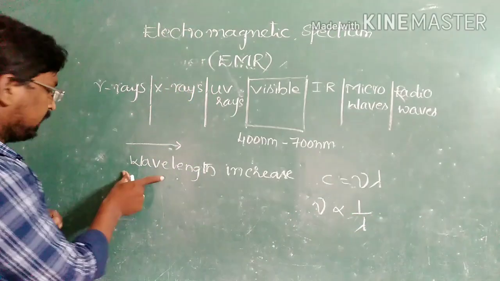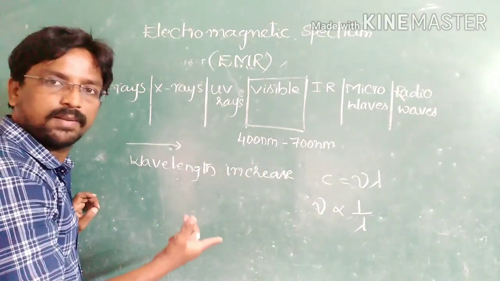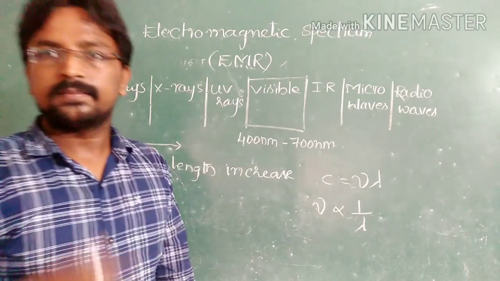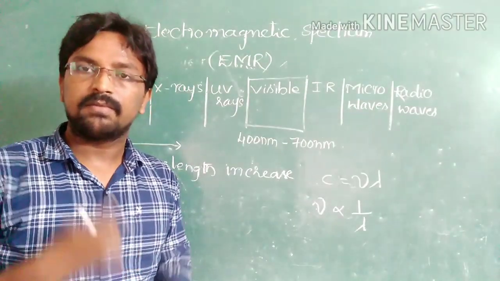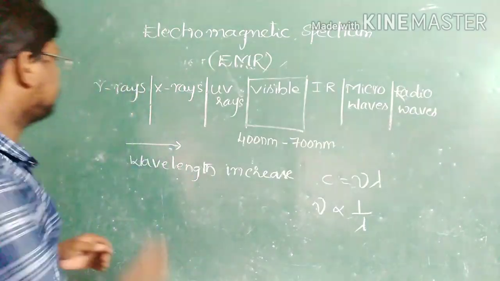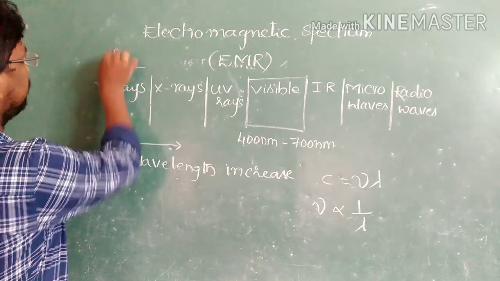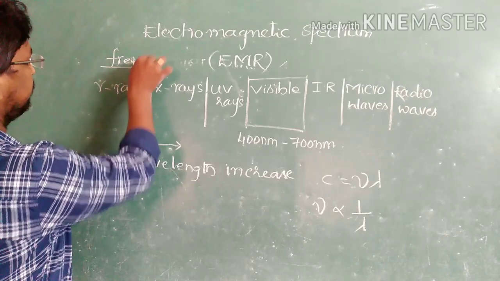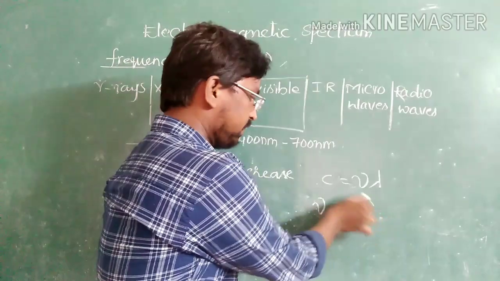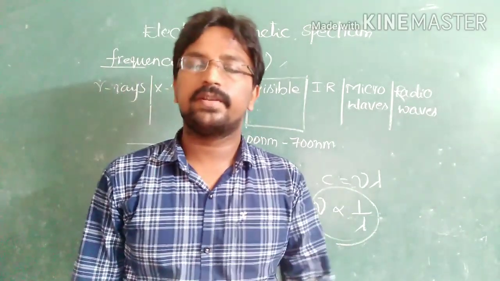So if the wavelength is increasing, what happens to the frequency? Gamma rays have short wavelength, so what about their frequency? Frequency is more. They have more frequency, because wavelength is inversely proportional to frequency.